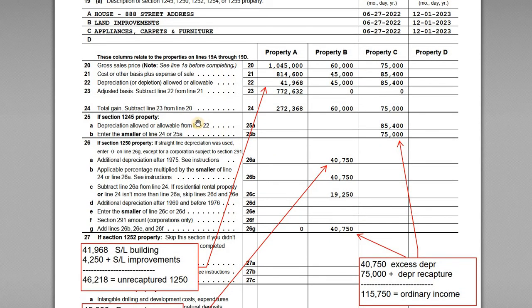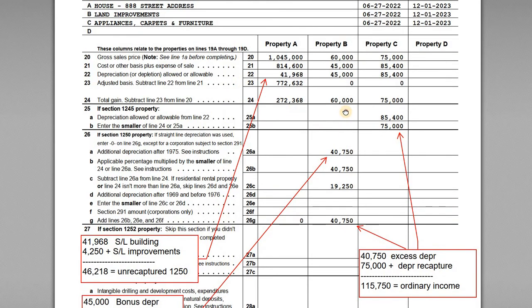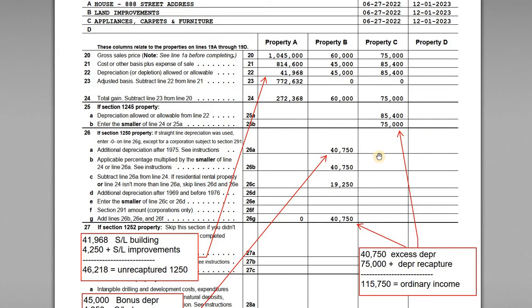So our total gain here, subtract line 23 from line 20, and we're left with 272,368 for the building, 60K for the improvements, and 75K for those appliances, carpets, and furniture, and other personal property.